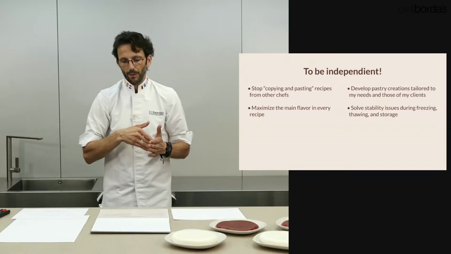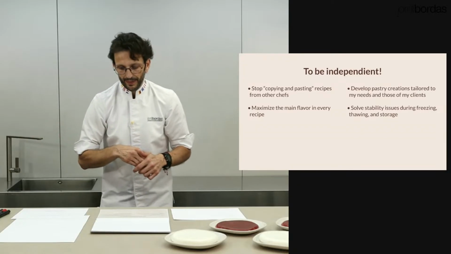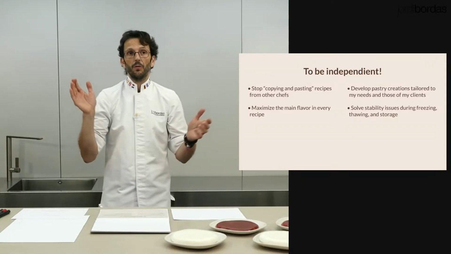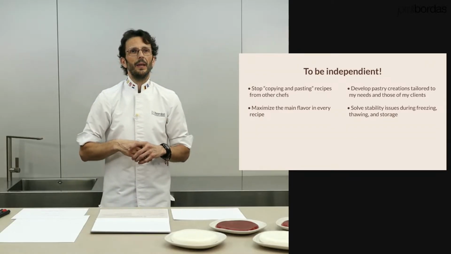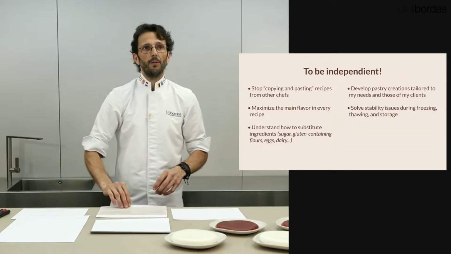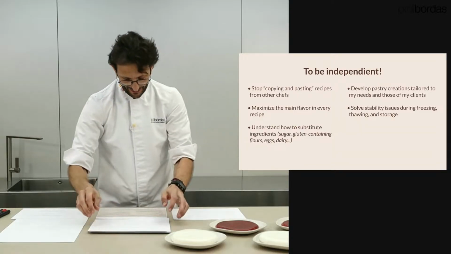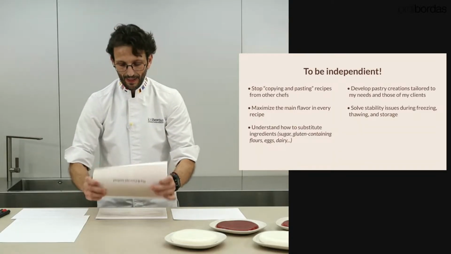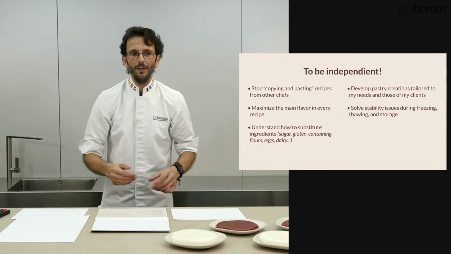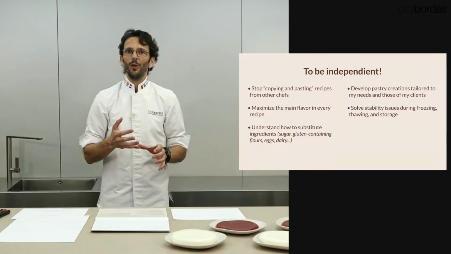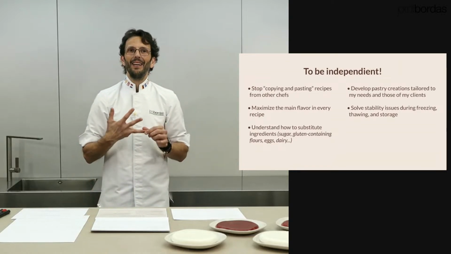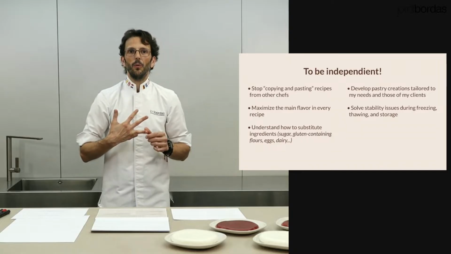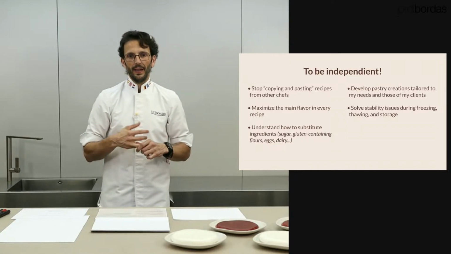Another point for me was to solve the stability during the freezing and thawing process or storage of the pastry products, even without a freezing process. Understand how to substitute ingredients. As I was explaining, I was trying to reduce sugar, I was trying to reduce refined carbohydrates that we know are really aggressive for people's health.